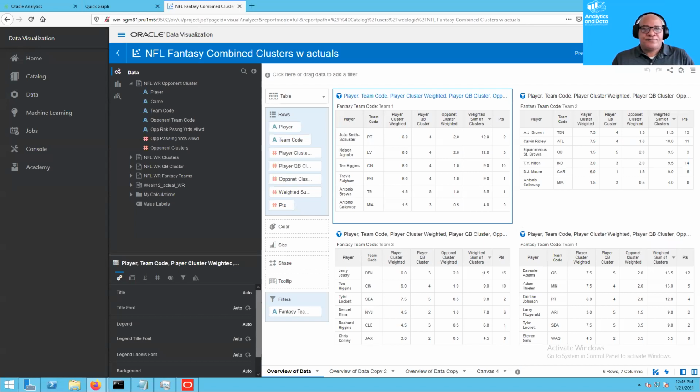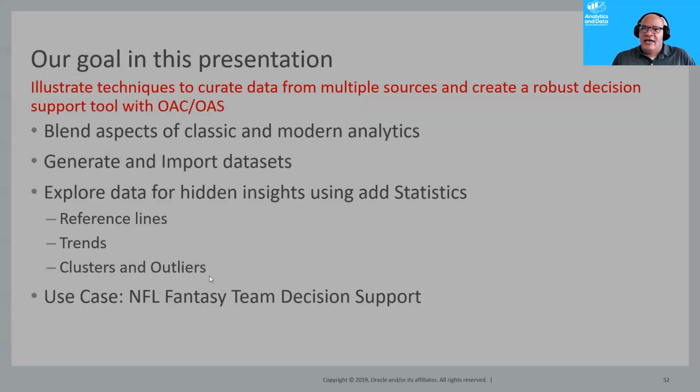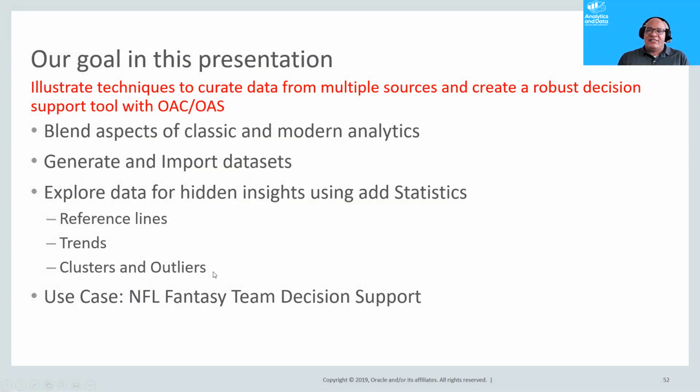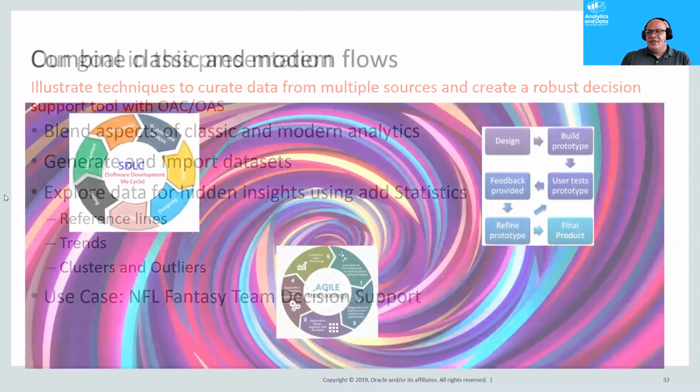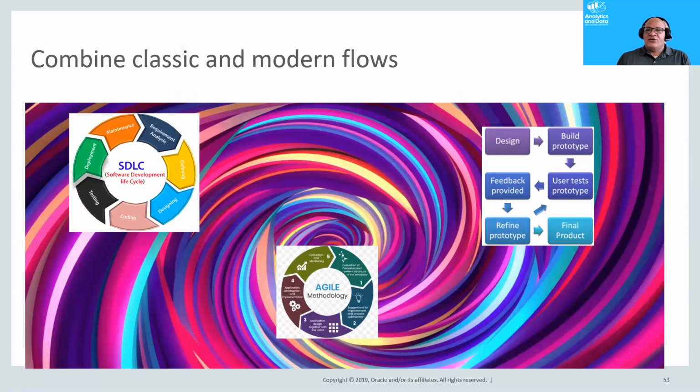Okay, so let me go back here. We talked about blending aspects of classical analytics, data models, or ETLs, with modern analytics: being able to import data from other sources and tie that data together, build constructs on the fly, import data sets, and use reference lines and trends. Then we showed the case study of how we used it within the fantasy football league. What does this all mean, the classical and the modern?